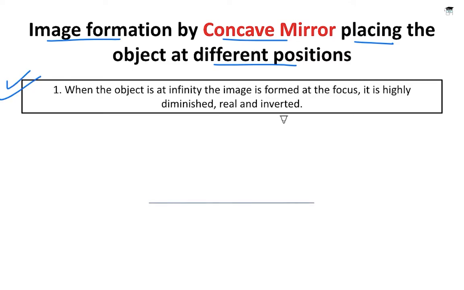Next, mark a point somewhere on the line at some distance. Fix the distance by yourself. You can take it at 4 cm, at 5 cm, that's your wish. Mark that as your focus.